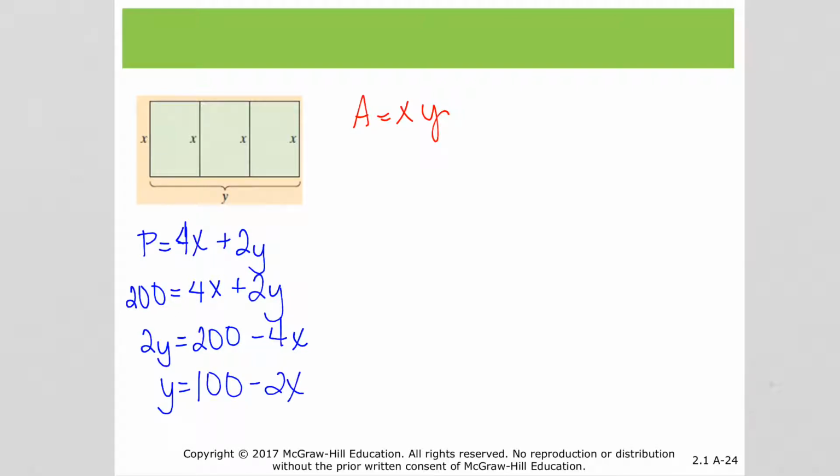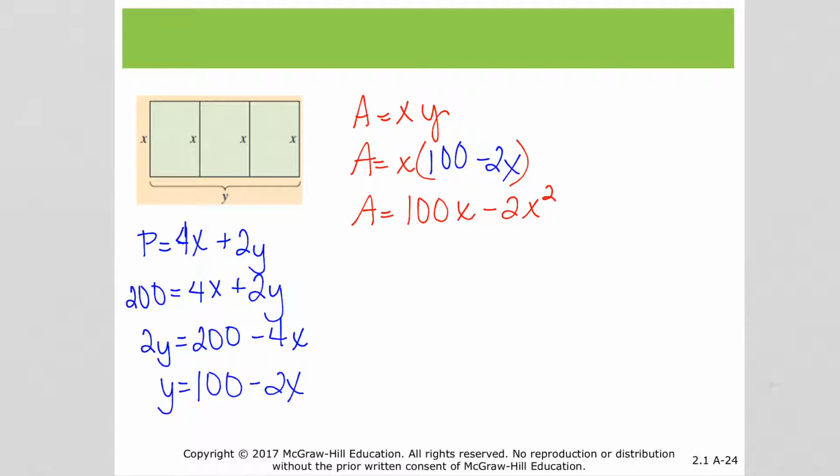Okay, and then we've got our y, so we can plug in up here, 100 minus 2x. Then once we multiply through, that tells us our quadratic function, or the equation for our quadratic function here.